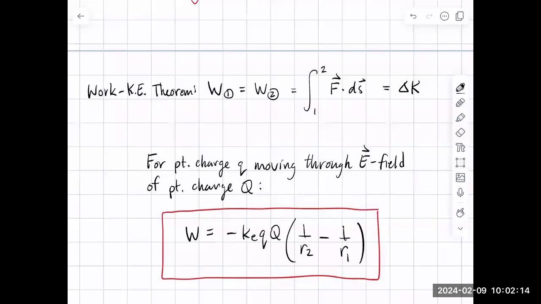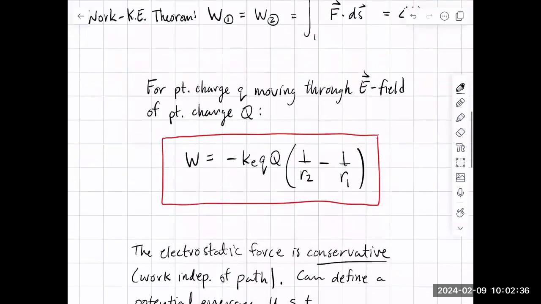For our example of a point charge moving in the electric field established by a second point charge, we calculated the work, and this was the result that we got in the red box. It's Coulomb's constant times the product of the charges, multiplied by 1 over R2 minus 1 over R1, and there was an overall negative sign.